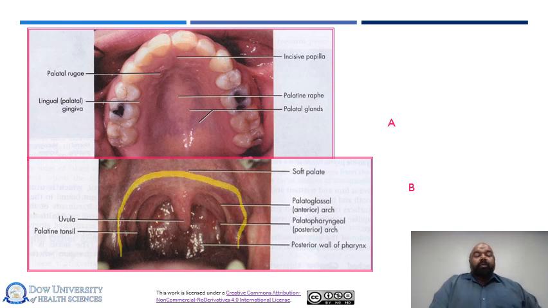The palatoglossal arch is the anterior arch, and there's an arch posterior to it, which is known as the palatopharyngeal arch. So we have a palatoglossal arch, and then we have a palatopharyngeal arch, which is much more posterior, and the tonsil, which is known as the palatine tonsil, is usually present in between the palatoglossal arch and the palatopharyngeal arch.